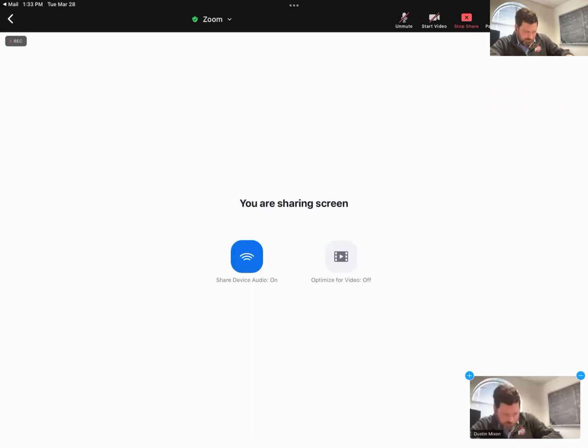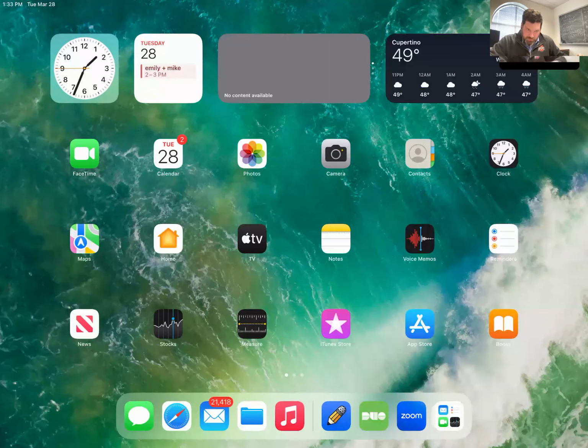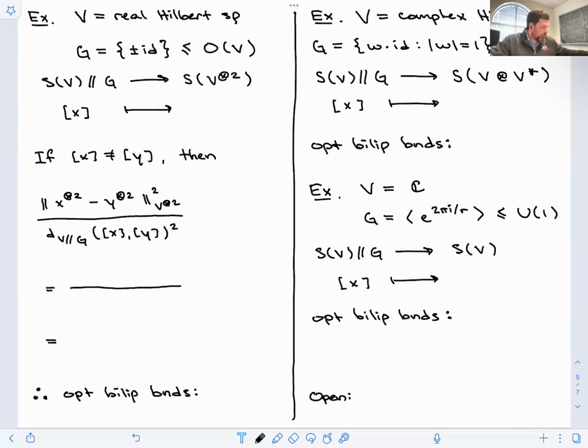So here we go. Looky here, we're looking at a real Hilbert space, and I have the negative identity in my group. In fact, that's the only thing in my group. So it turns out that you can create a map from the sphere mod the group into the sphere of this tensor space.